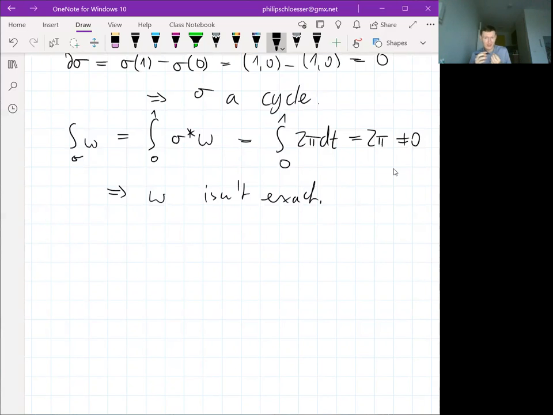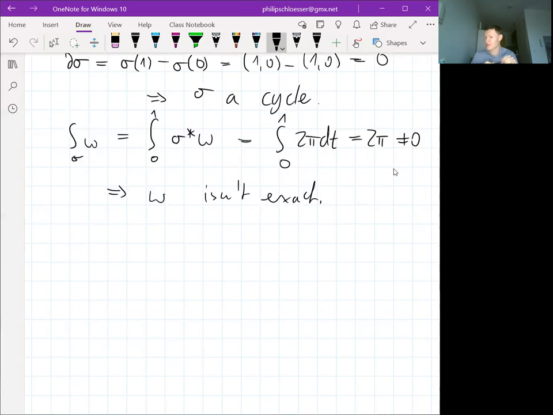This means in particular that if you have a line integral and your form happens to be exact, then this line integral is just the difference of two function values. So it's in particular path independent and everything like that.